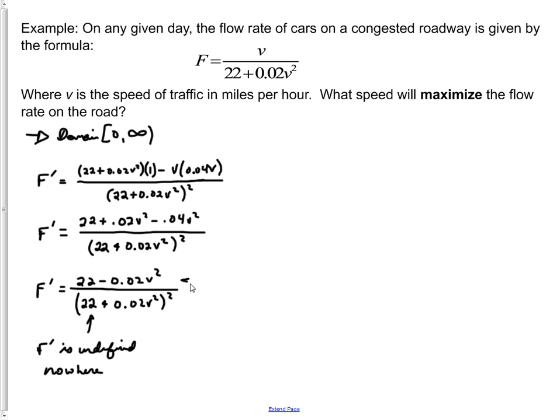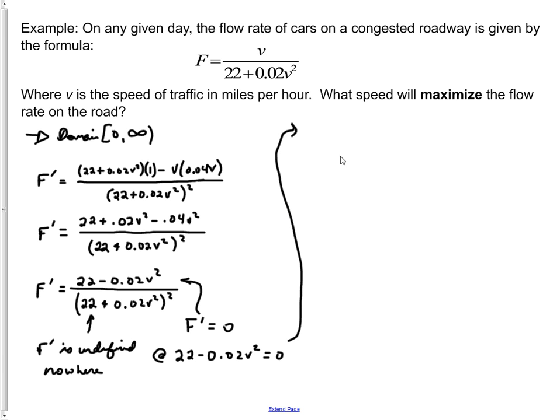So what we're going to do is say f prime would be equal to 0 at the point where the numerator is equal to 0. So at the point where we find the solution to our equation, 22 minus 0.02 v squared is equal to 0. So let's come over here and let's work that out.